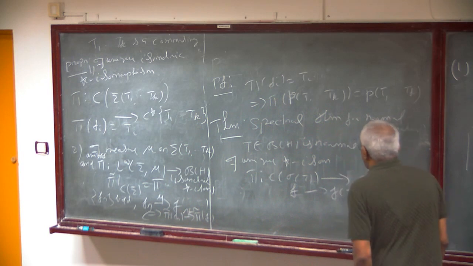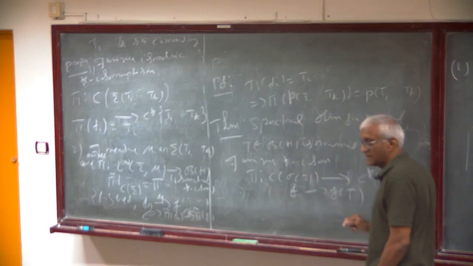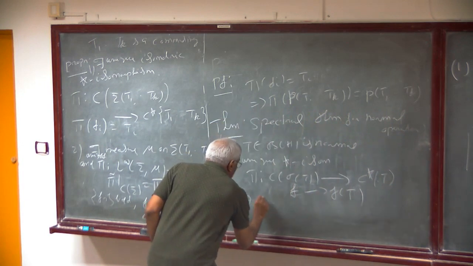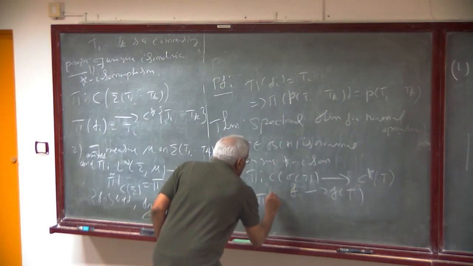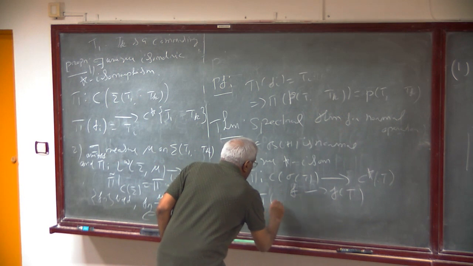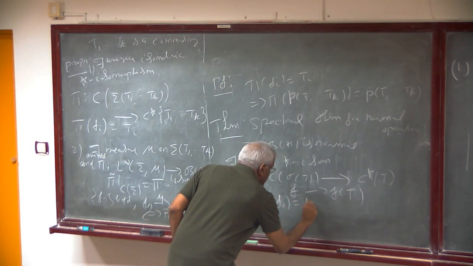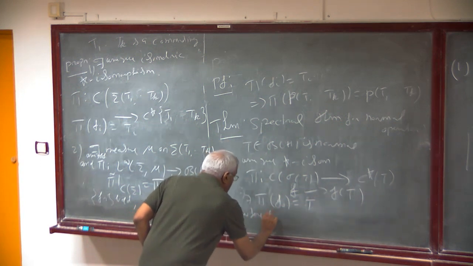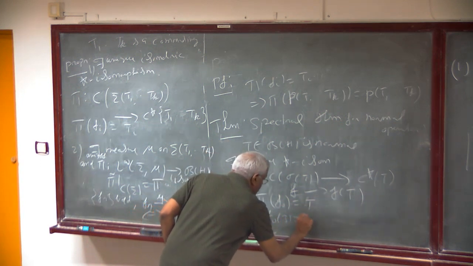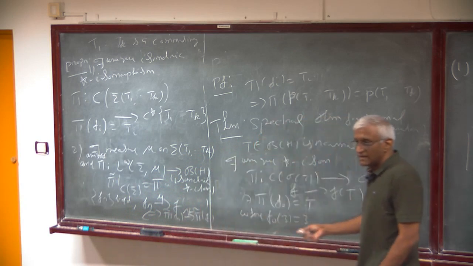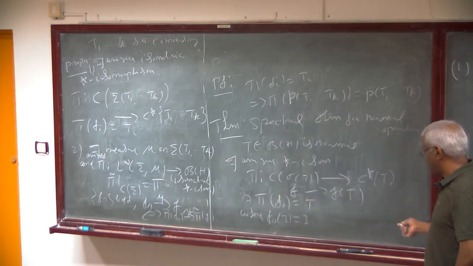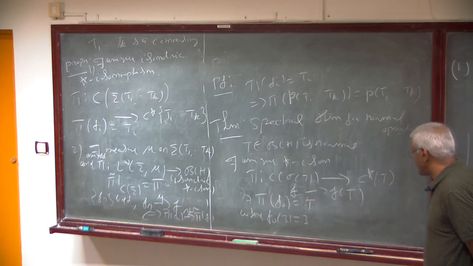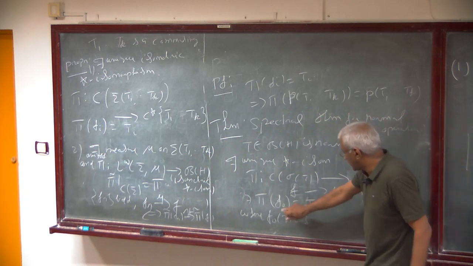There exists a pi from C of sigma T to C star T, F going to F of T, such that pi of this function f naught equals T, where f naught of z equals z. Here there is a slight change.